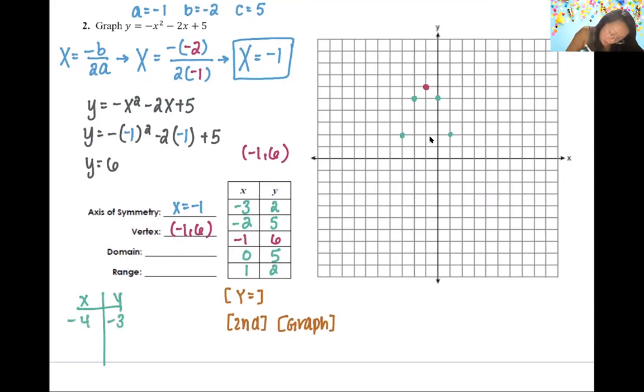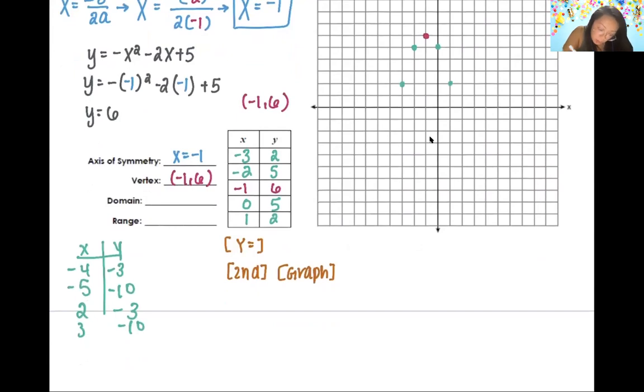Sorry, -4, -3, -5, -10. And then we also have 2, -3 and 3, -10. So let's go ahead and graph those as well. Okay. So -4, -3, and -5, -10, and then also 2, -3, and 3, -10.